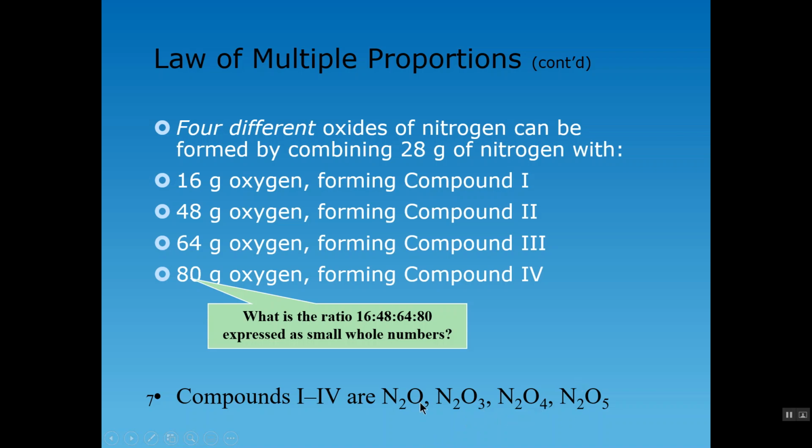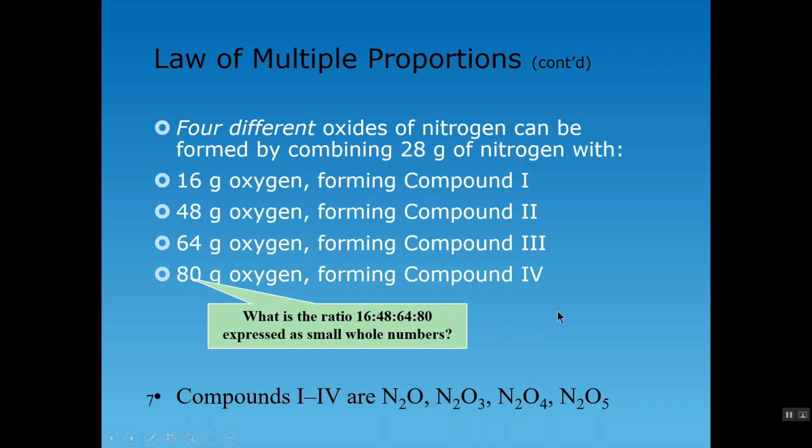So it's going to be a 1 to 3 to 4 to 5 ratio. So 16 to 48 to 64 to 80. If you divide right through by 16, you're going to get 1 to 3 to 4 to 5. All right. So again, this is another demonstration of the law of multiple proportions.